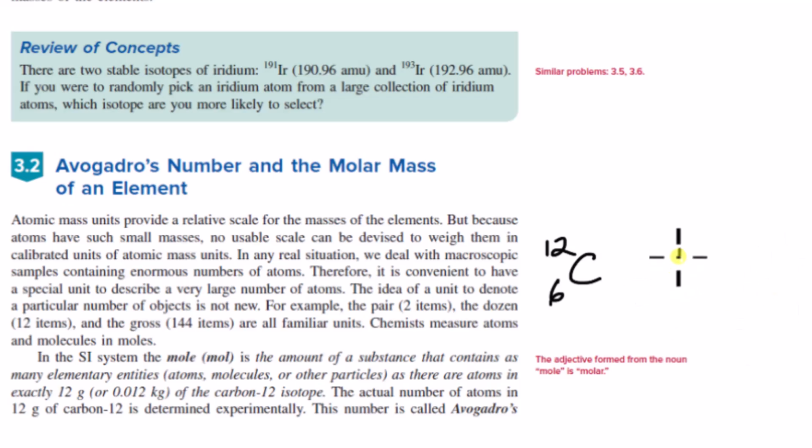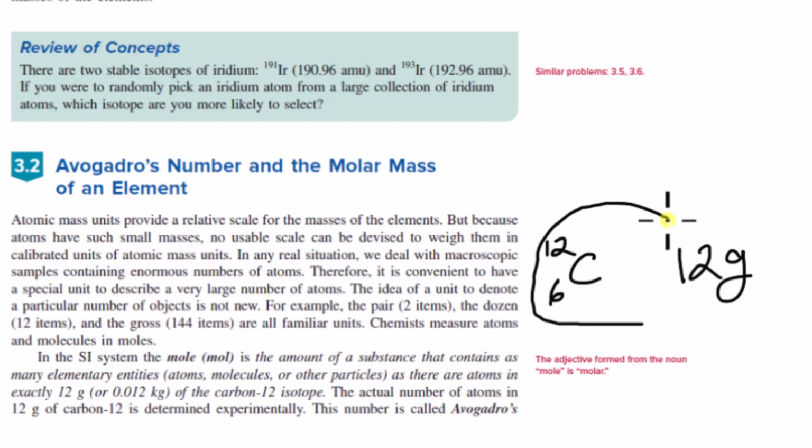So we're saying 12 grams of the carbon-12 isotope as a substance. Let's make this what we investigate, what we're striving to experimentally determine as accurately as possible: how many of these carbon-12 atoms are in 12 grams of carbon-12. That's the number we're going to search for, that we call the mole, also known as Avogadro's number.